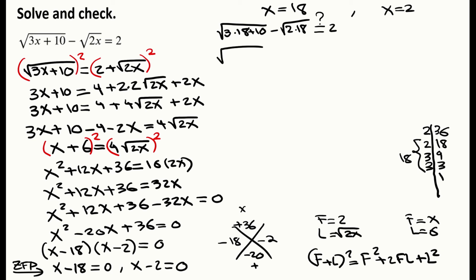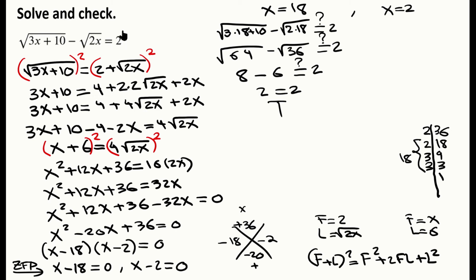So we get square root of 54 plus 10, which is 64, minus the square root of 2 times 18, which is 36, and we're trying to see if that equals 2. Square root of 64 we know is 8, minus square root of 36, which we know is 6, and we're trying to see if that difference is equal to 2. And of course 8 minus 6 is 2, so we get 2 equals 2, which is a true statement. So that means 18 satisfied the original equation, so it's a solution.